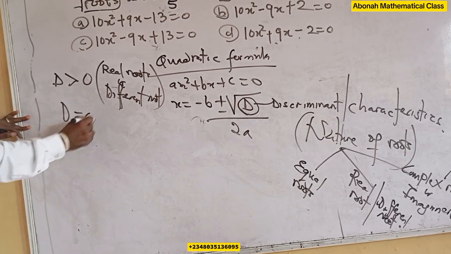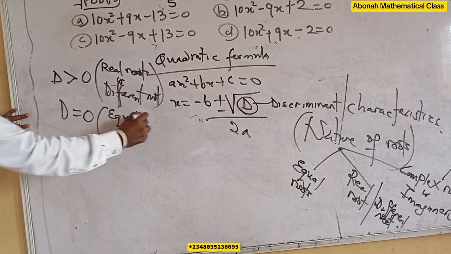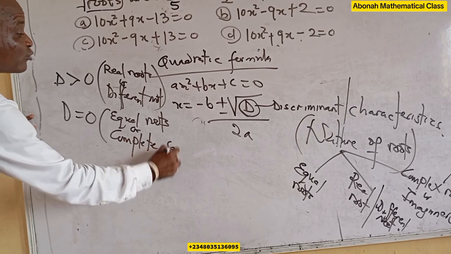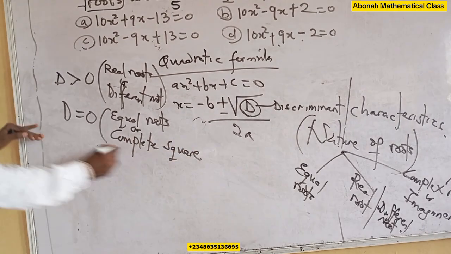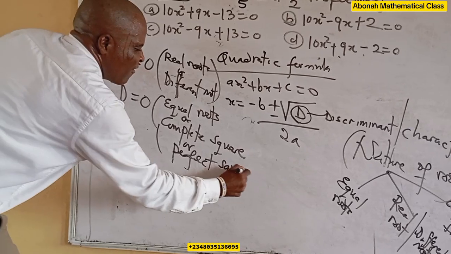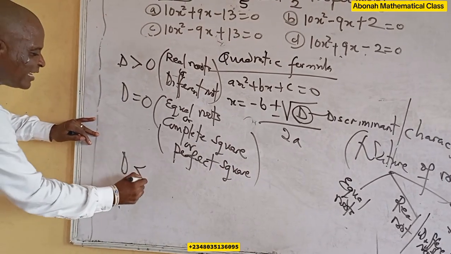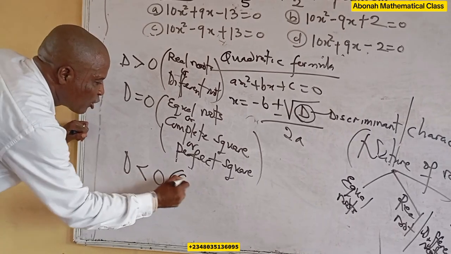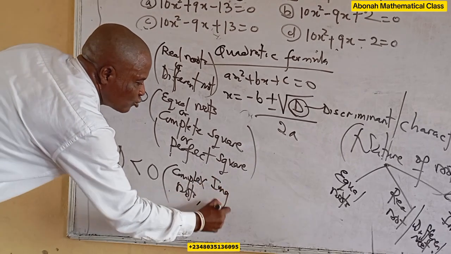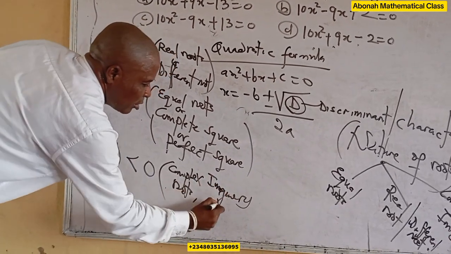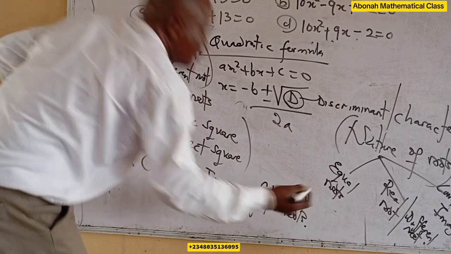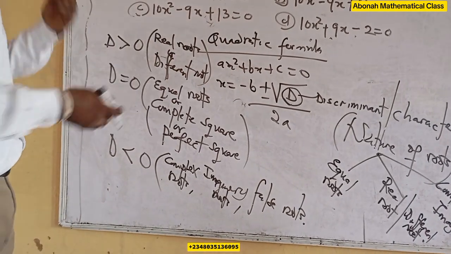When it is equal to 0, it is equal roots, or perfect square. The last one, when D is less than 0, we call it complex roots, imaginary roots, or I call it false roots. These are the analysis under quadratic formula.